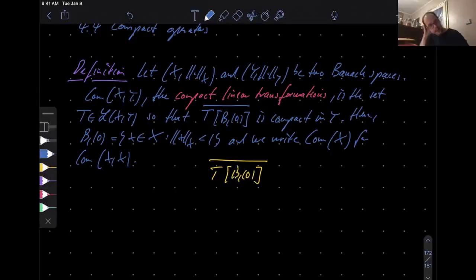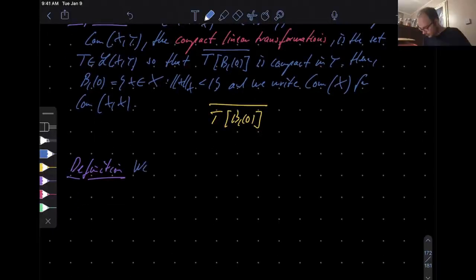But in infinite dimensions, that's just not the case, and we will see soon enough that not every bounded linear transformation is compact. This further emphasizes that having a compact linear transformation is a special thing.